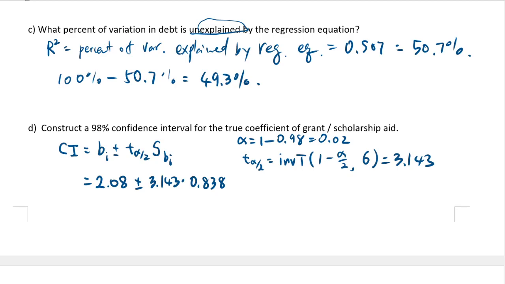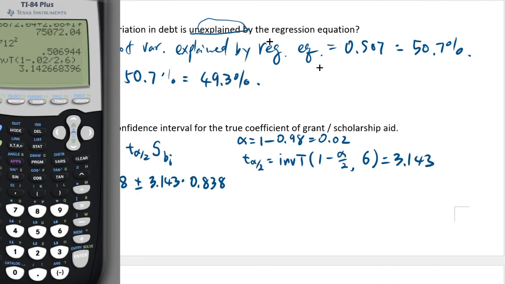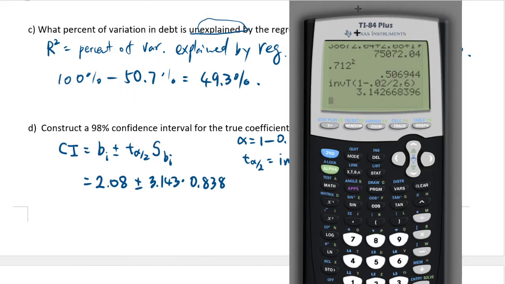Let's actually calculate both of them. First we're going to do 2.08 plus 3.143 times 0.838, and that's 4.714.